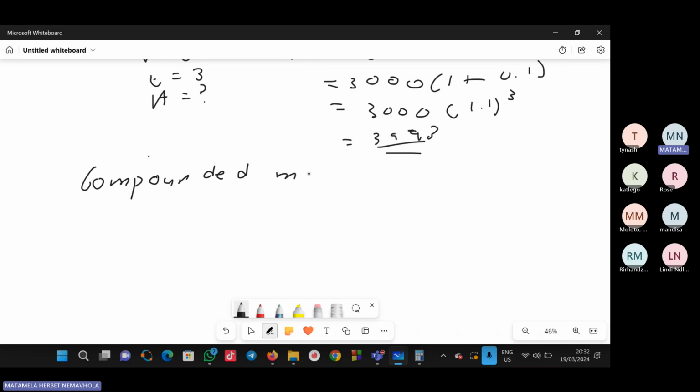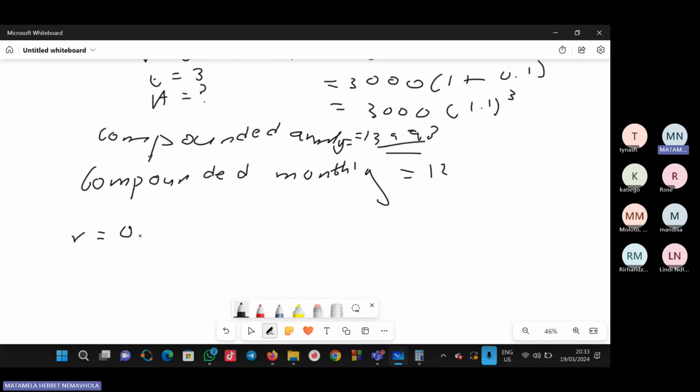The first one we had was compounded annually, right? Compounded annually is the same as using 1, but compounded monthly, you will be using 12. So what's the difference when we're using 12? It means that our R, which is equal to 0.1, you're going to divide it by 12.